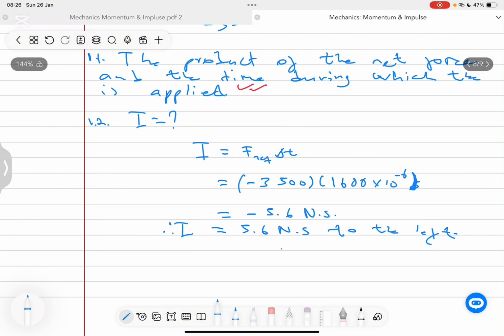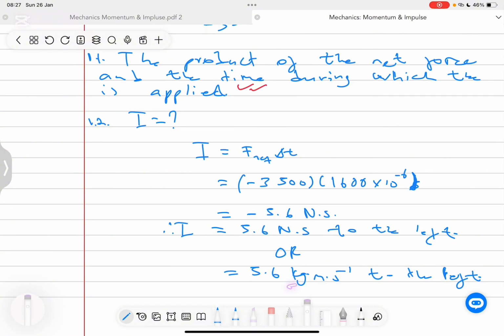It is also possible for one to write this answer as 5.6 kilogram meters per second to the left. This will also be correct because the other SI unit, as discussed in the previous lesson, of impulse is kilogram meters per second.